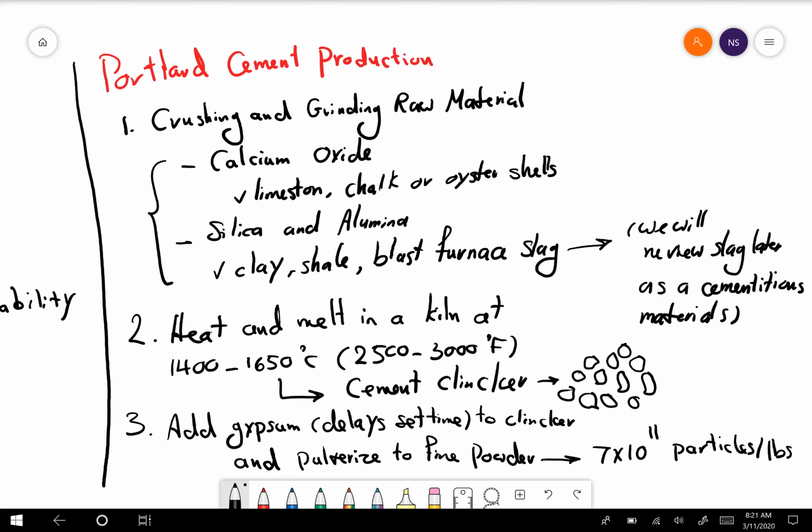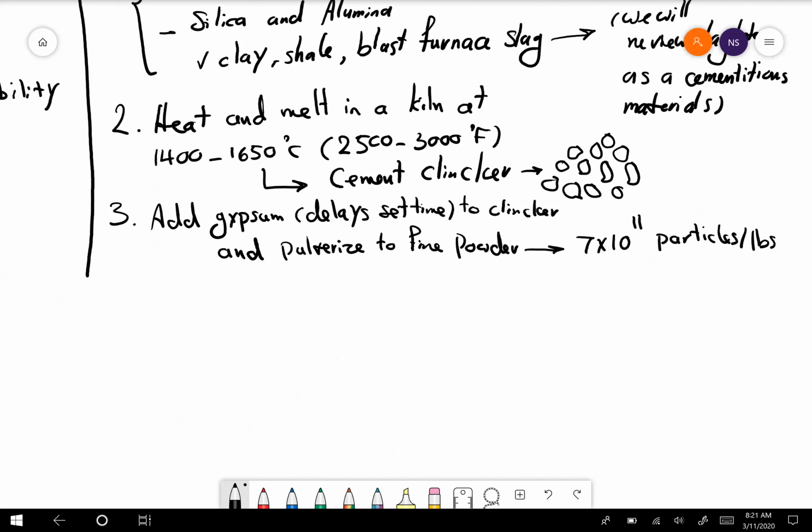And the reason the Portland cement powder should be that small or that fine is that we want an increased surface area.